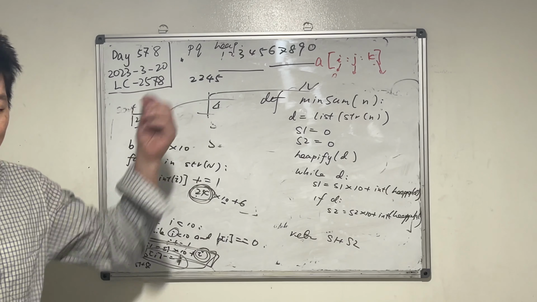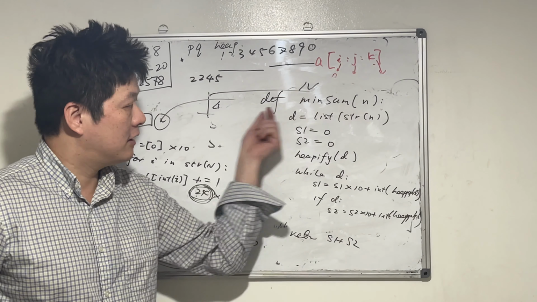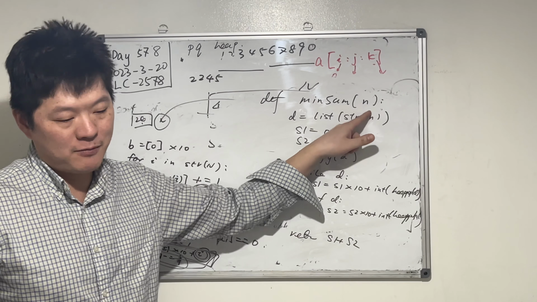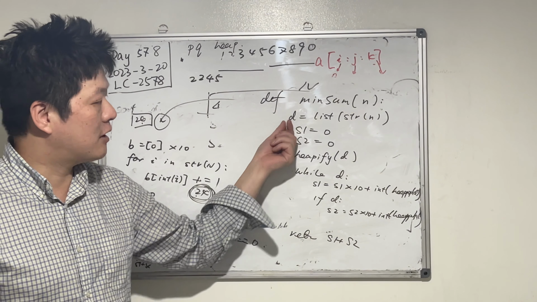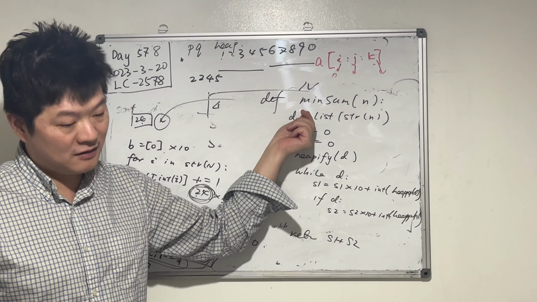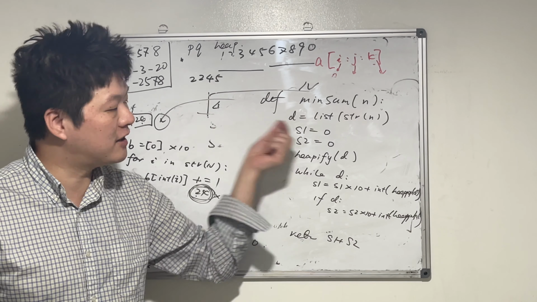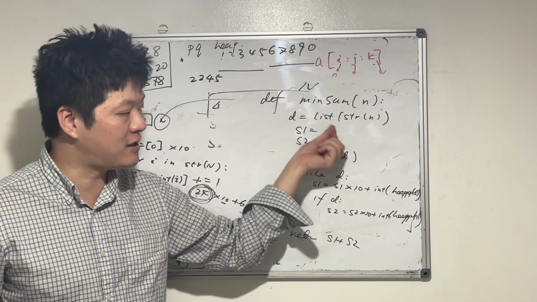Okay, so let me explain it and then you tell me again, okay? Define a function min sum, given this parameter n, which is of integer type, a number. So str converts it to a string, and list breaks the string into characters, into an array, a list of the characters.